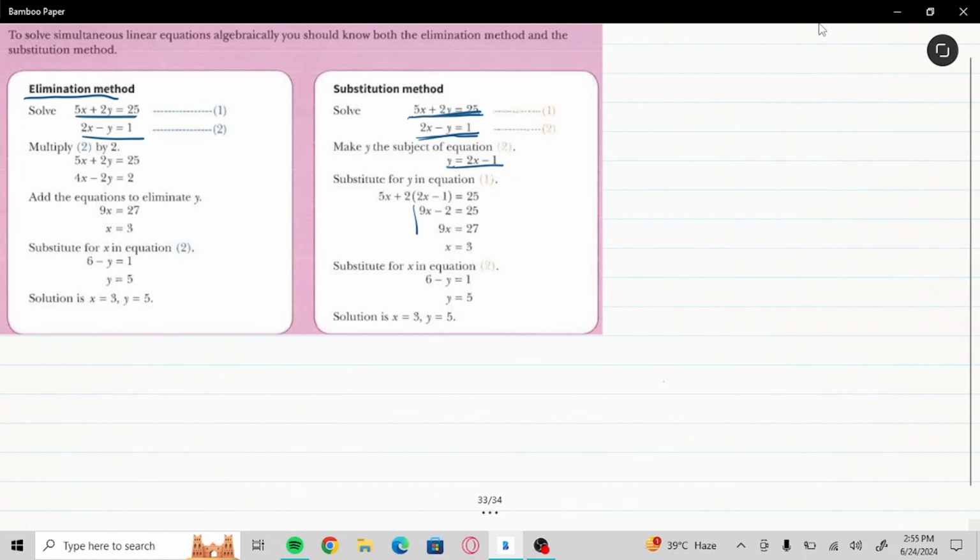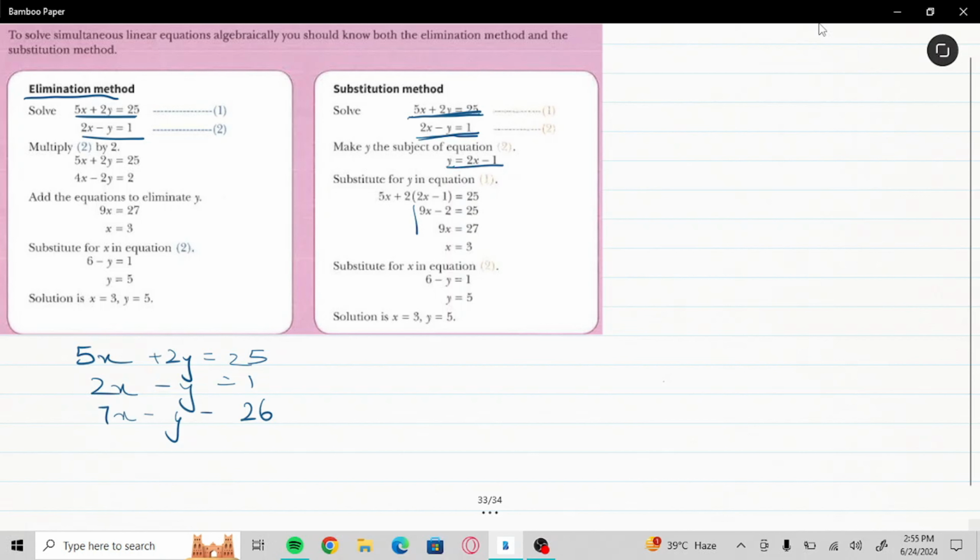For example, if we add both of these equations, 5x plus 2y and 2x minus y, equal to 25 and 1, and we just add these up, 25 plus 1 is 26, 2y minus y is y, and 5x plus 2x is 7x.